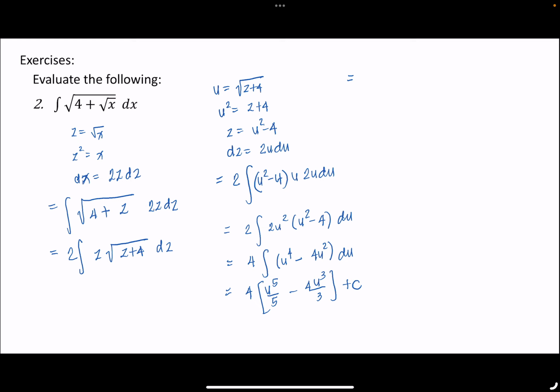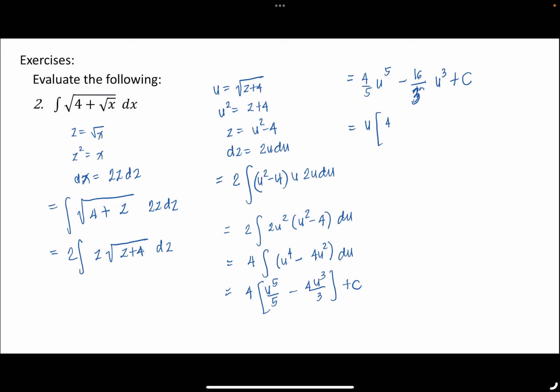So this would give us 4 over 5 u to the 5th minus 16 over 3 u cubed, since 4 times 4 is 16, plus c. We can factor out u.